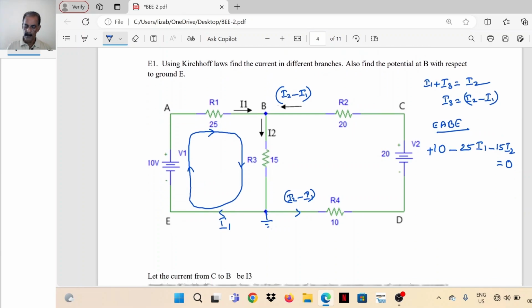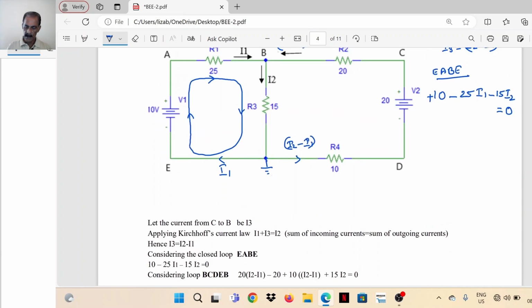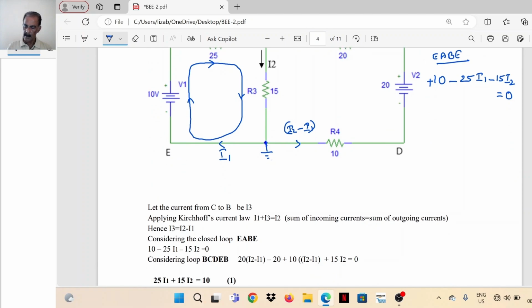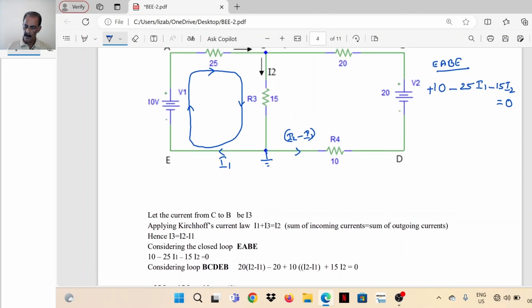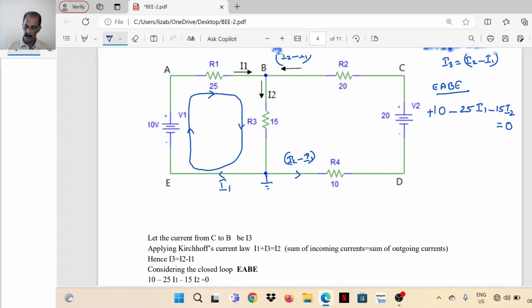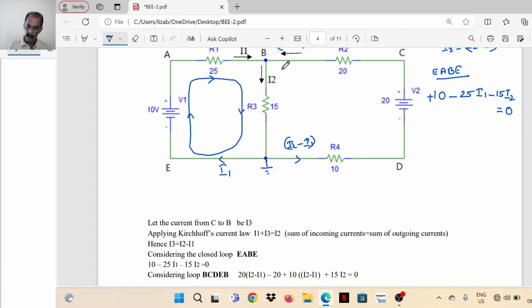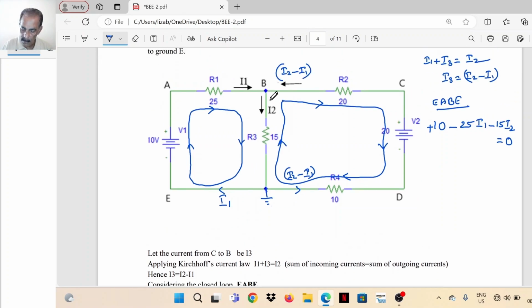The next loop is B, C, D, E, B. So start with branch BC.